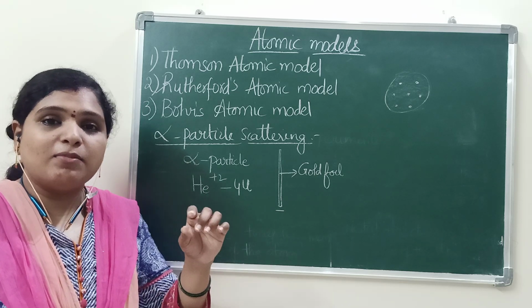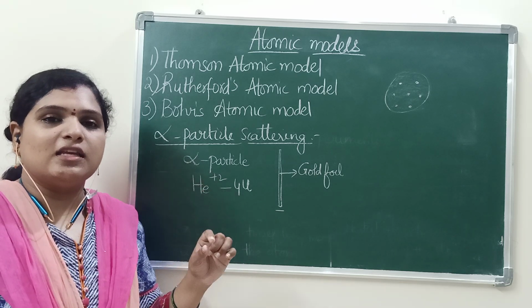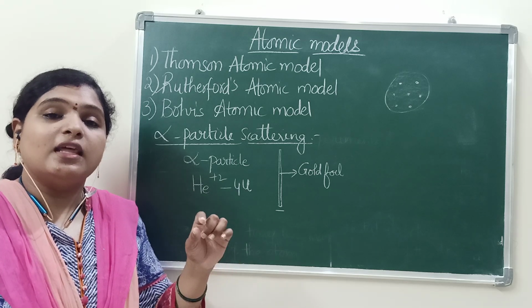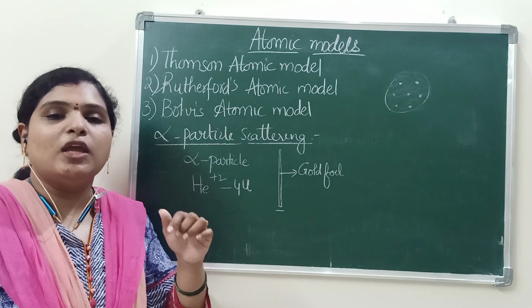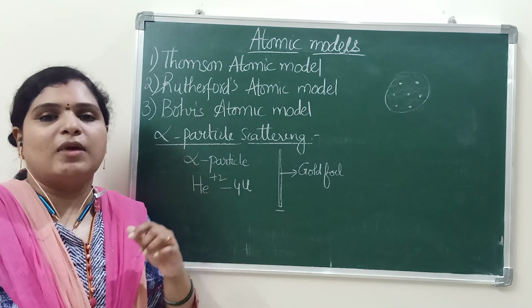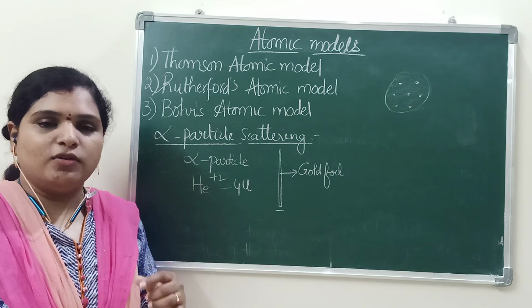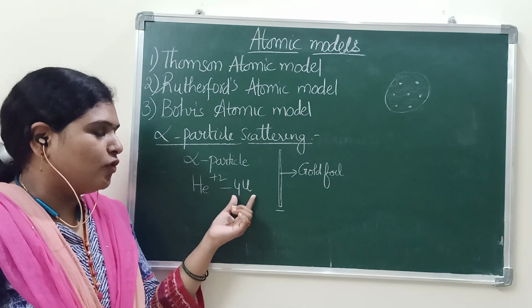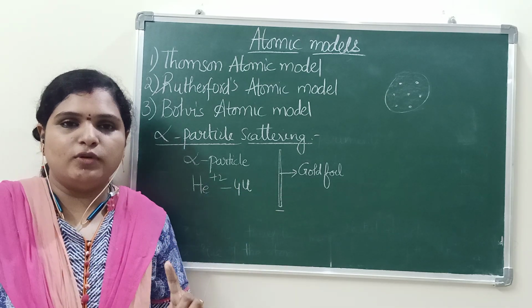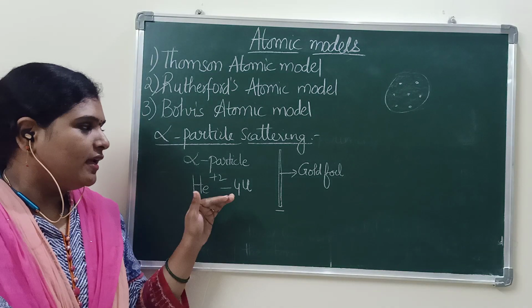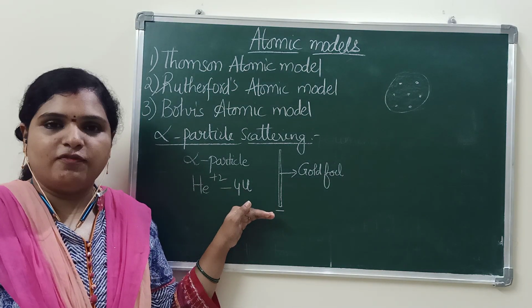But as the mass of the proton is very small, the deflections or reversal of path may not be that large. Are you getting it? The alpha particle has 4 units of mass, protons have only 1 unit of mass.